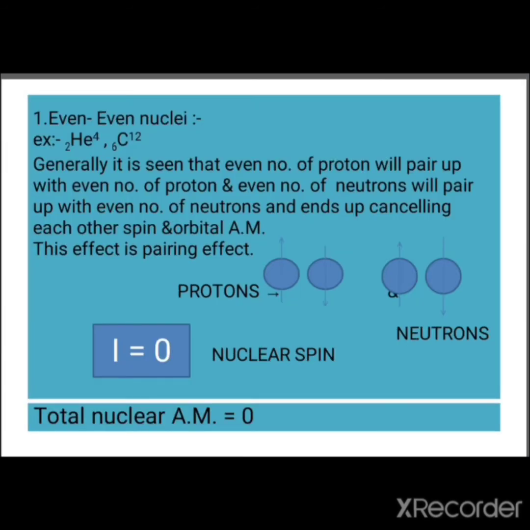Now here we will have different cases: even-even nuclei, the next case will be even-odd nuclei, and odd-odd nuclei. Firstly, here we are discussing even-even nuclei. For example, helium 2He4 and carbon. Generally it is seen that an even number of protons will pair up with protons, and an even number of neutrons will pair up with neutrons, in opposite spins, ending up cancelling each other's spin and orbital angular momentum.